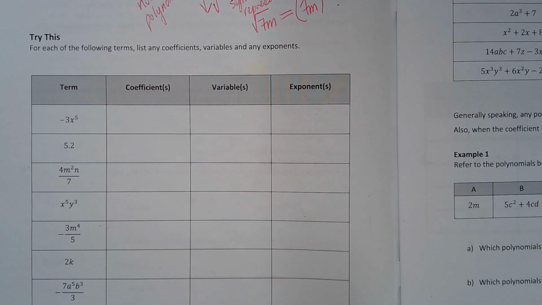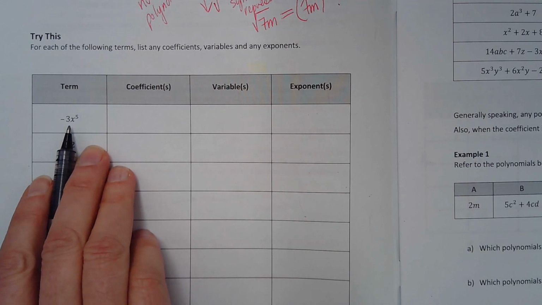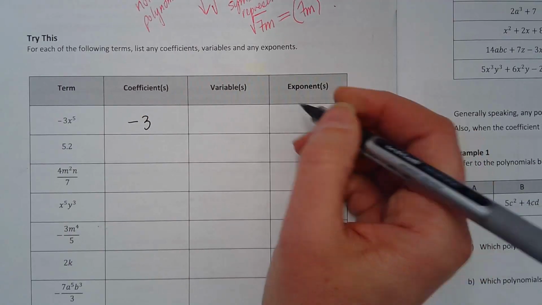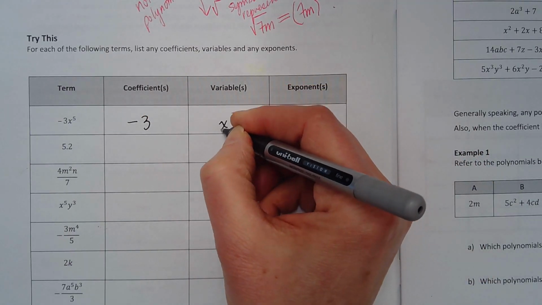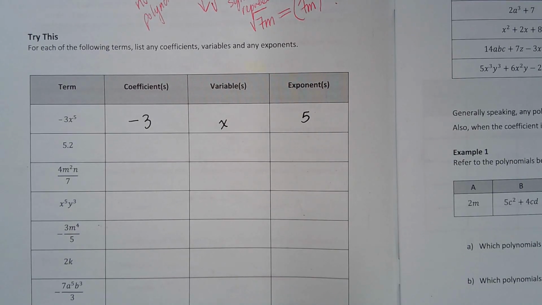No. Whole number? Yeah, the coefficient is attached to a variable, right? So is there a variable, x? Is there a number multiplied by the variable? Yeah. So the coefficient is negative 3. The variable would be x. The exponent would be 5. Okay?